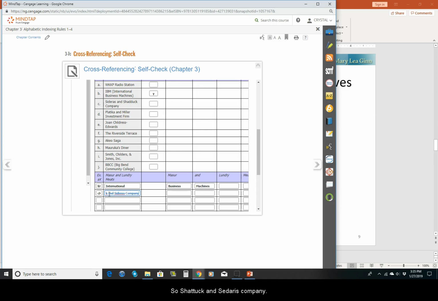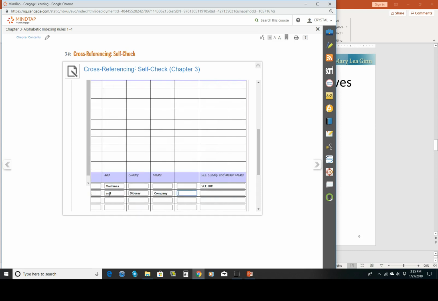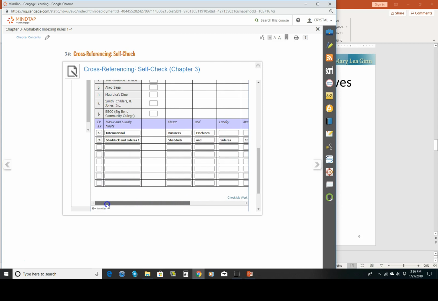So Shattuck and Sedaris Company, I'm going to index the cross-reference name, and I'm going to refer them to where the original record is filed. Sedaris and Shattuck. Okay.